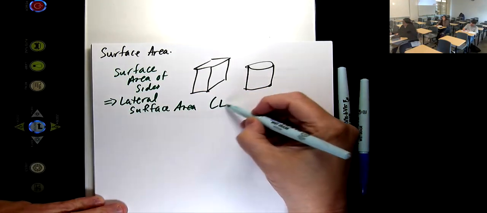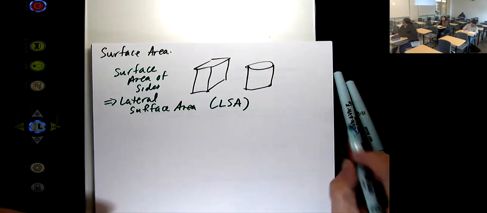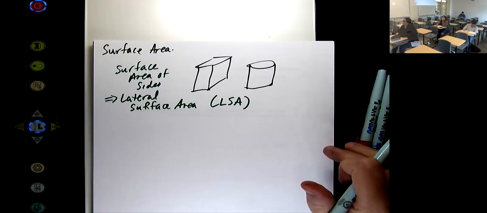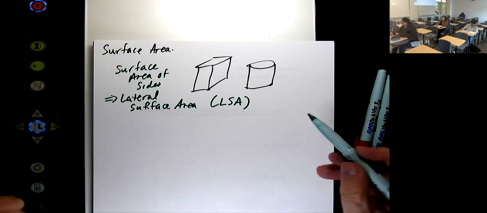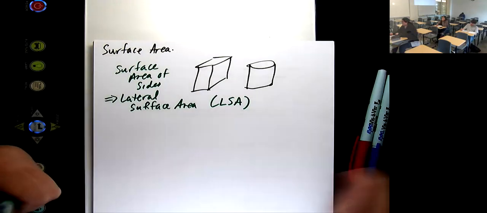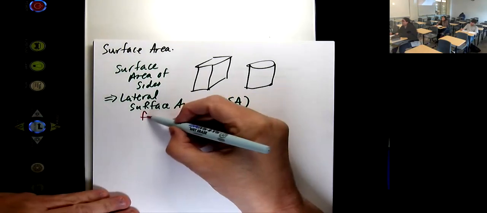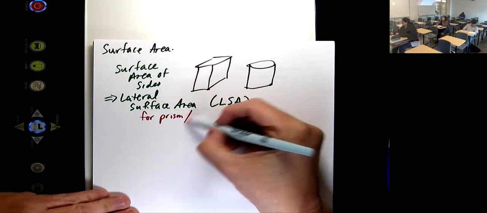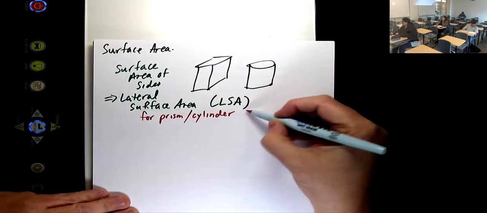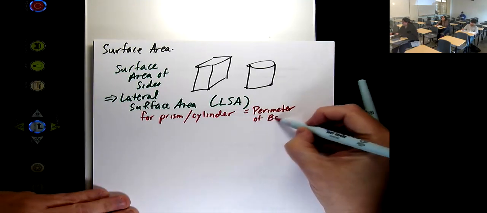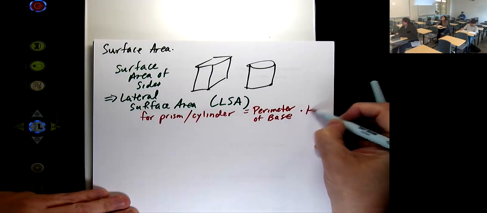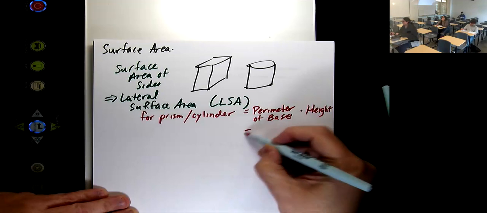And our book, and thus probably our homework, abbreviates that LSA. And for all of our prisms and cylinders, it equals the perimeter of the base times the height. So Ph.